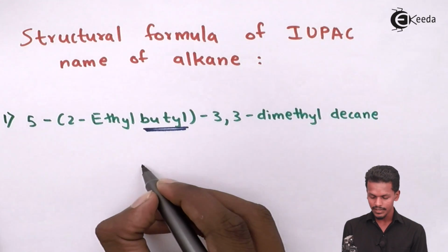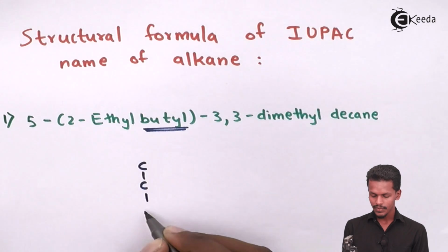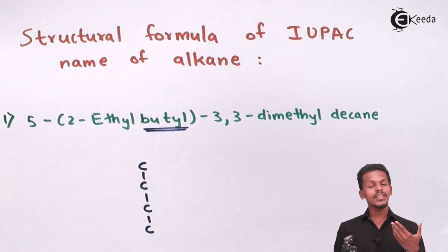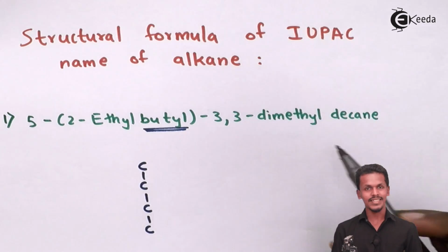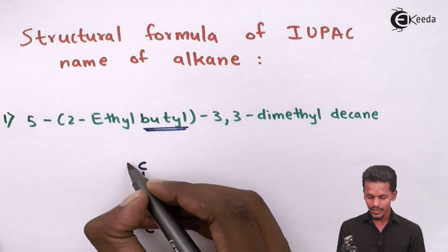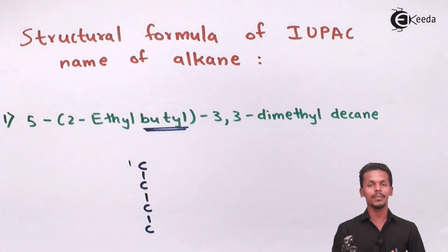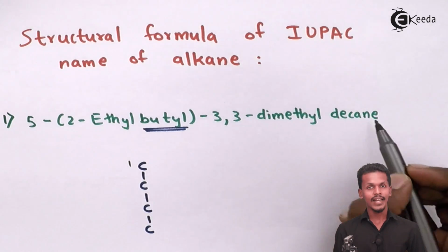So this is 1, 2, 3, 4. These are the 4 carbon atoms attached to the main hydrocarbon, decane, but I will name this as 1, because this is the group that will be attached to the parent hydrocarbon, decane.